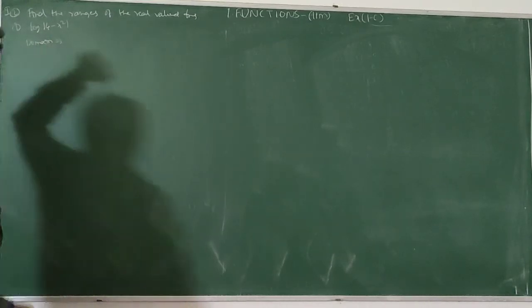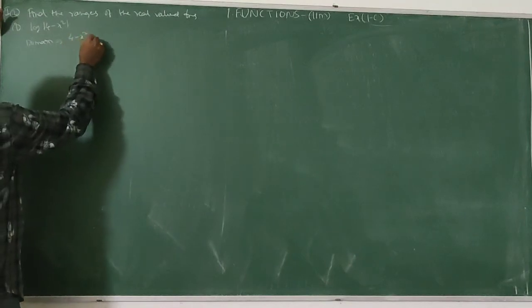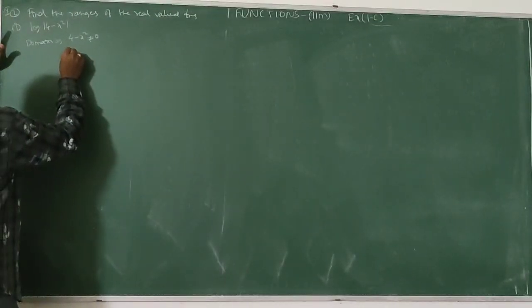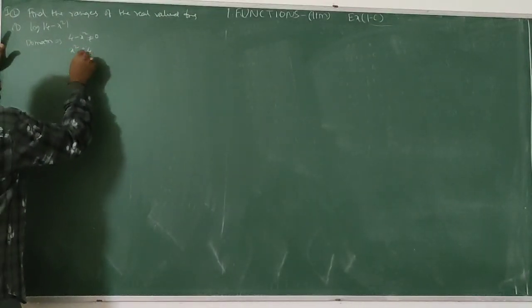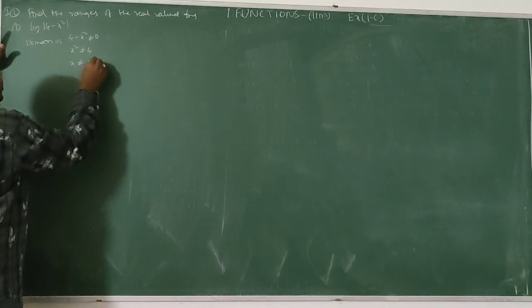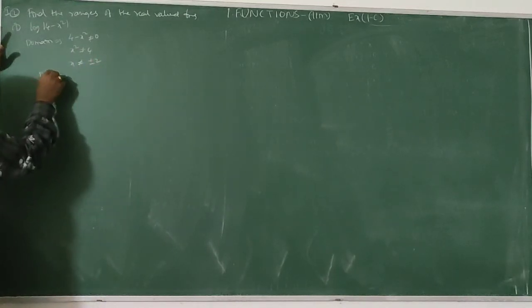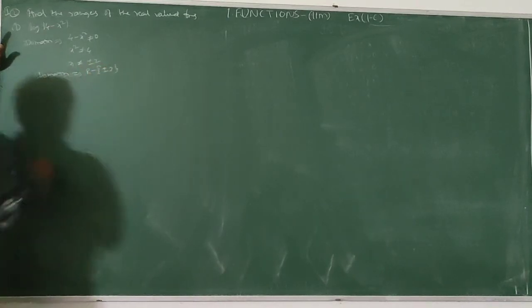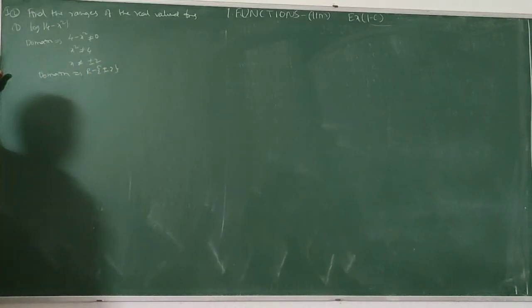First, if we need to find the range, we need to find the domain. 4 minus x square not equal to 0. If it is equal to 0, then only it won't exist. So x square not equal to 4, x not equal to plus or minus 2. Domain is R minus plus or minus 2.